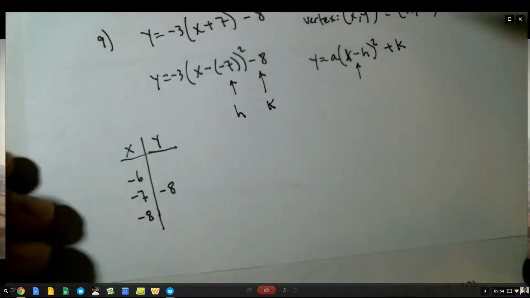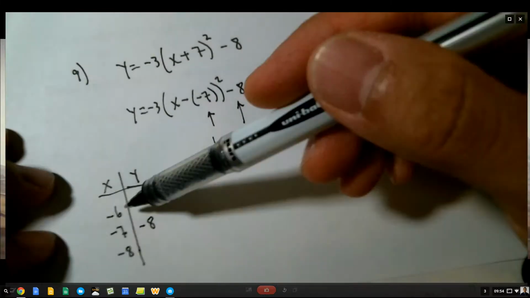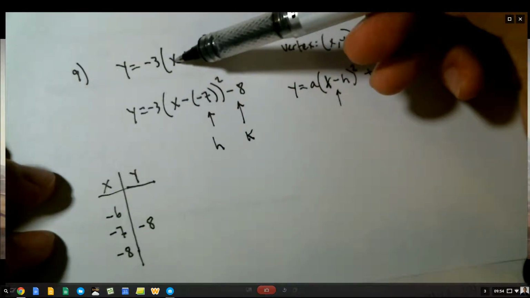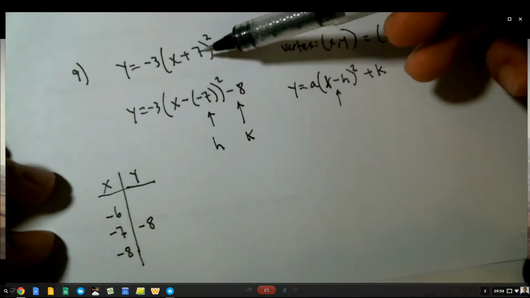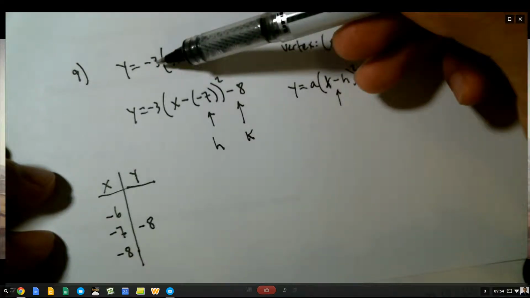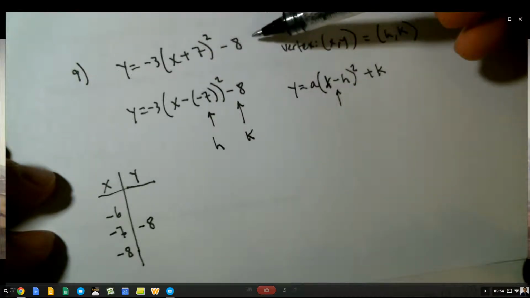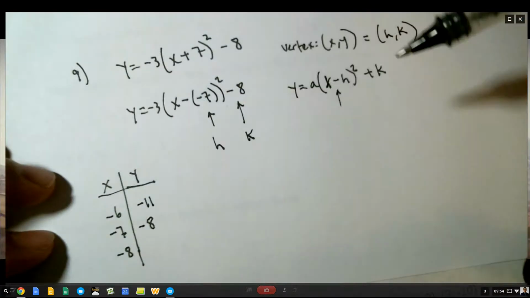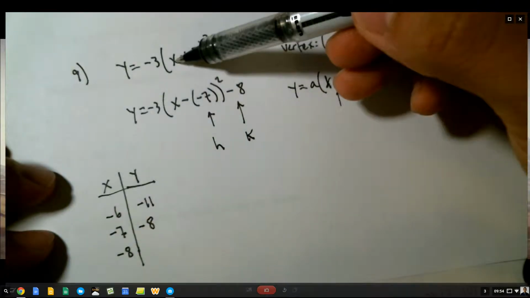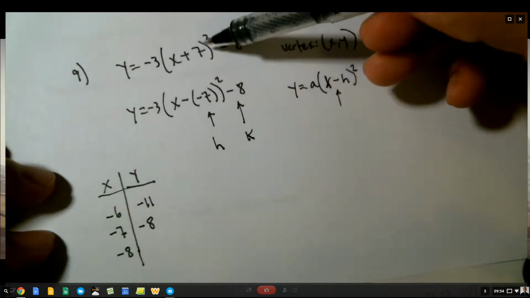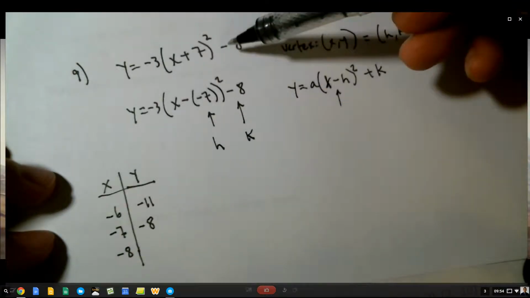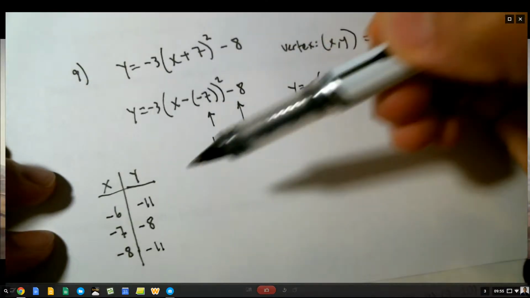Once we get the x value, we plug it in to figure out the y value. For negative 6, negative 6 plus 7 is 1, 1 squared is 1, times negative 3 is negative 3, minus 8 is negative 11. Same thing for negative 8: negative 8 plus 7 is negative 1, squared is 1, times negative 3 is negative 3, minus 8 is negative 11. Notice they're symmetric.